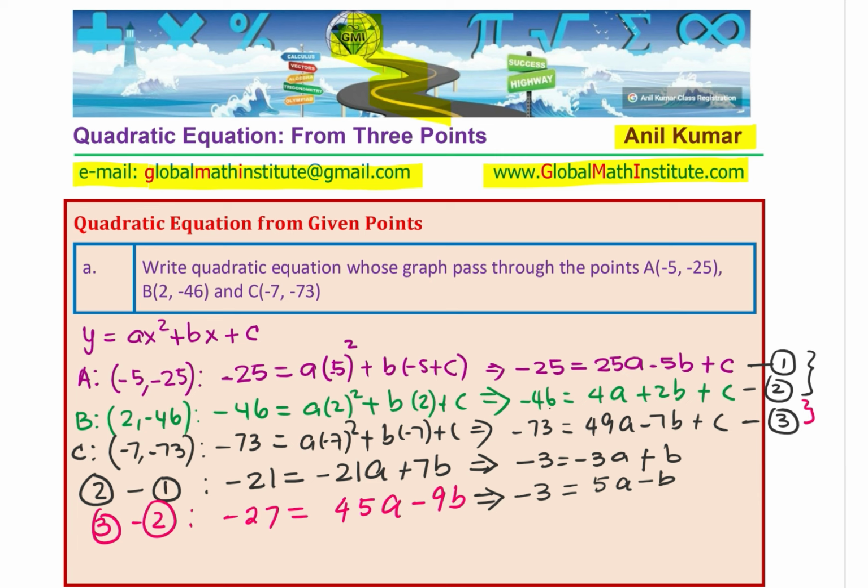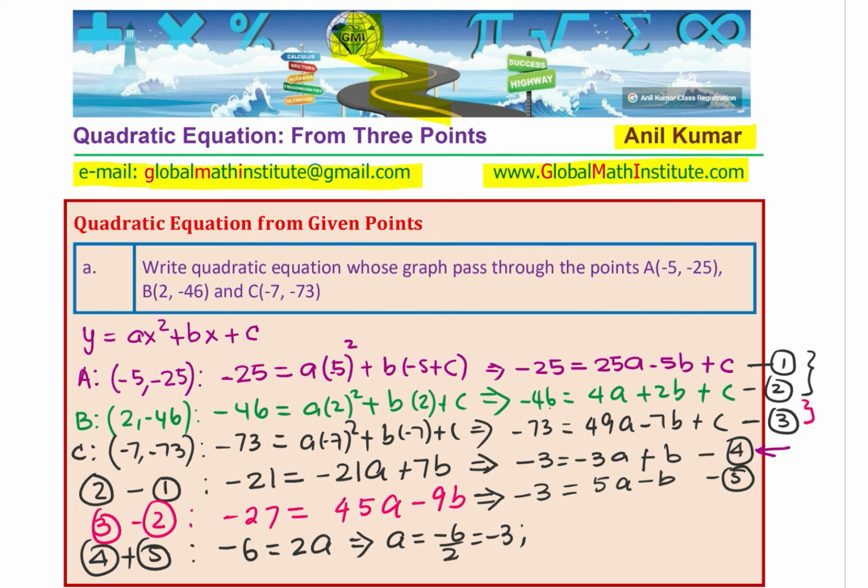Adding equation 4 with equation 5, we get -6 equals 2a, and that gives the value of a as -6 by 2, which is -3. Now, using equation 4 to find b: b equals -3 plus 3 times a, which is -3 minus 9, that is -12. So the value of b is -12.